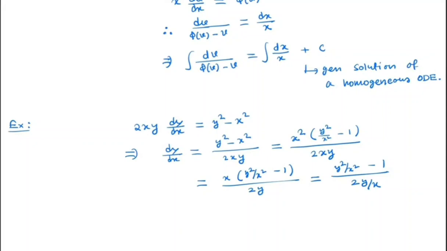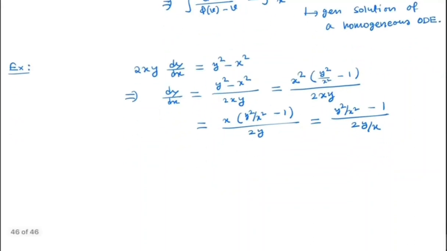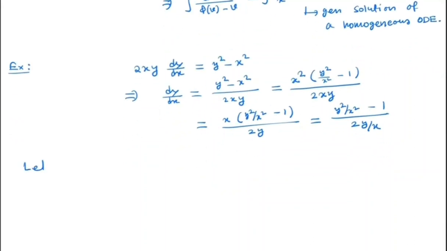So clearly it's a homogeneous equation of degree 0, since we can write it as a function of y by x. So we let y is equal to vx. So we have dy/dx is the same as v plus x dv/dx.